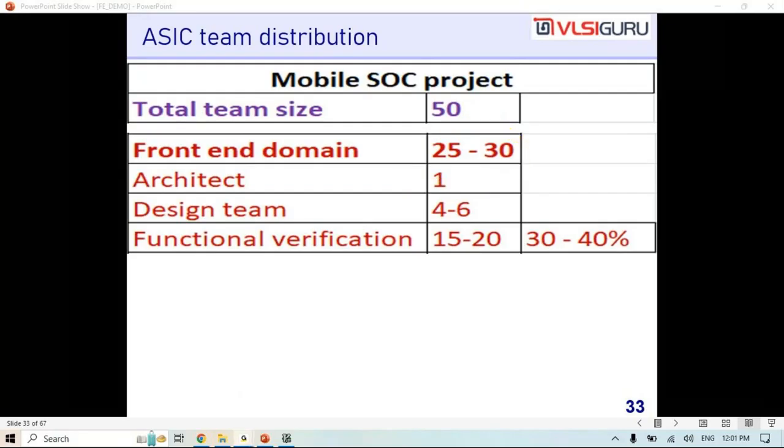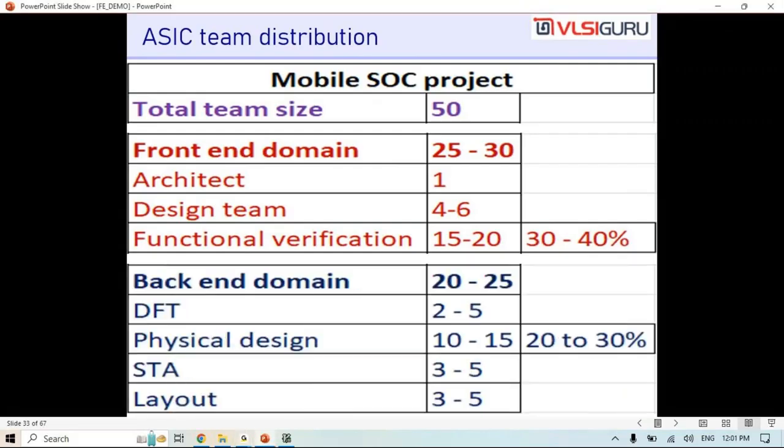Then back end domain will have the remaining, 20 to 25. I'm not telling exact numbers. If I ask how many labors are required for construction, it could be 5, 6, or 7. So I cannot always say 5.